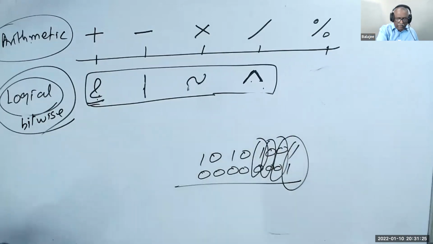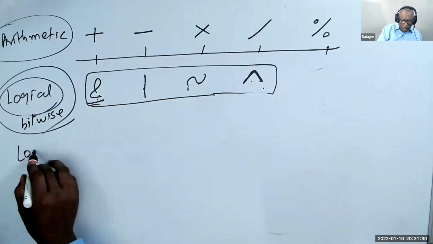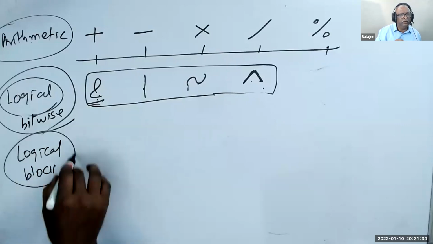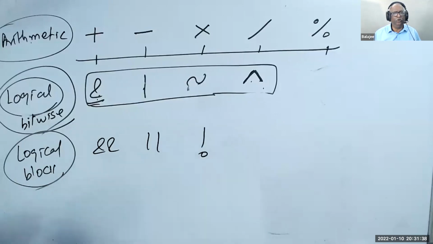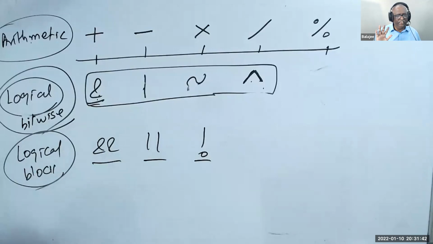But there is one more thing called the logical operator, blockwise. That is called AND, OR, NOT. There's no XOR there. What are these things? That is very simple. This takes only a block.